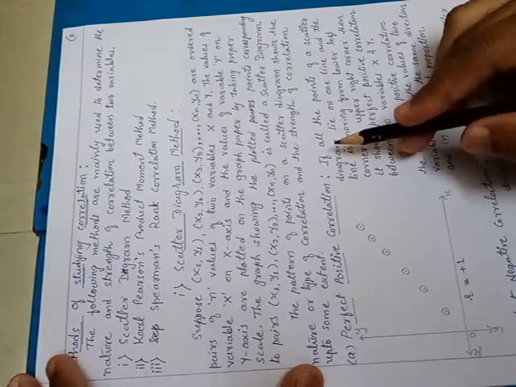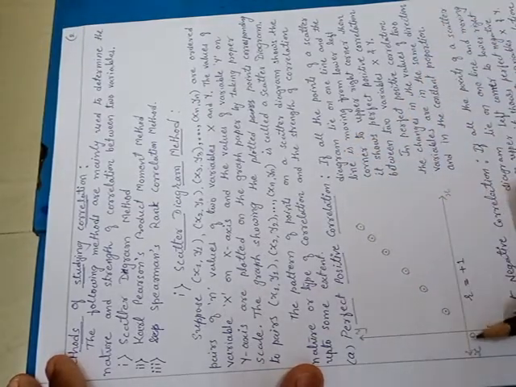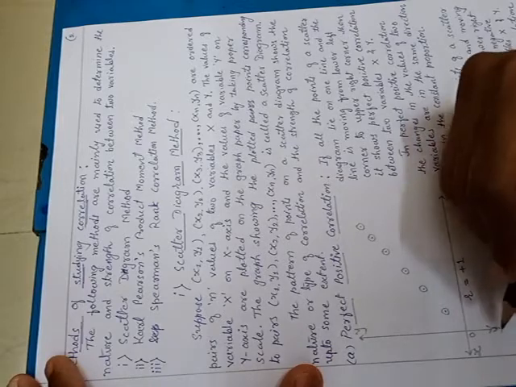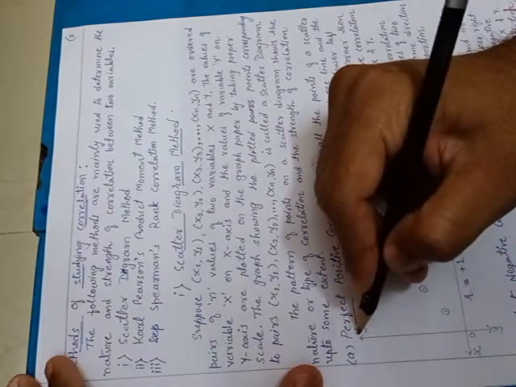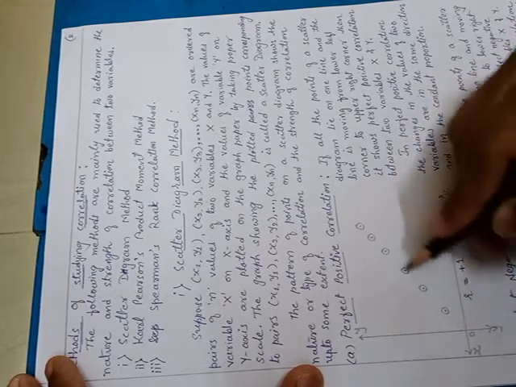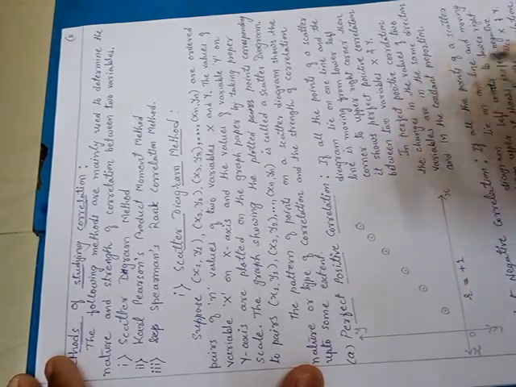On the left hand side I have shown the graphical presentation: on the x-axis we take variable x values and on the y-axis variable y values, and we have plotted the pairs of observations on this graph paper.